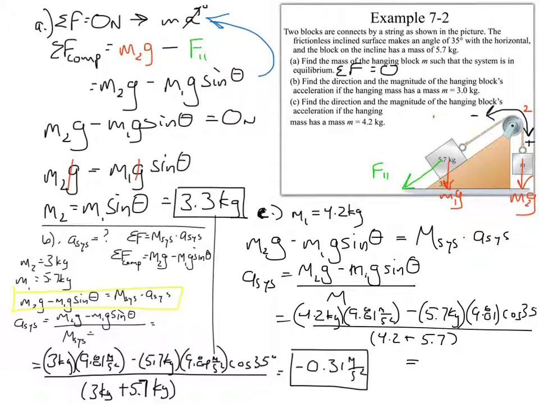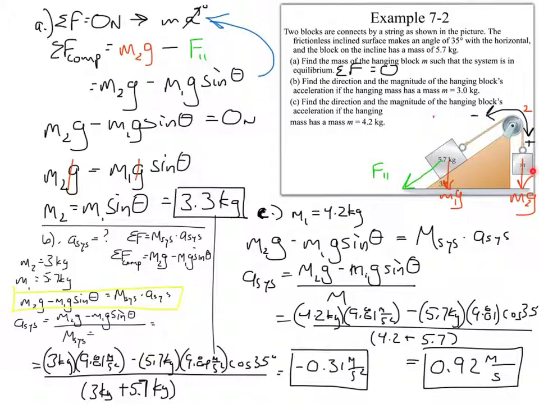Over 9.9 kilograms. I get 0.92 meters per second squared. And just like we predicted, it's a positive acceleration. Why? Because the forces are now in the positive direction's favor. It's going to be moving that way because mass 2 right here is greater than before.